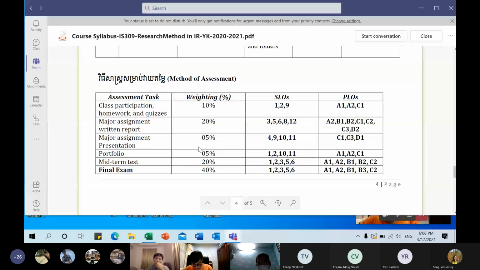You also need to write a 1-page reflection paper at the end of the semester and put it in the folder. Reflect on what you have done this semester. Give to me. So portfolio here accounts for 5%. Midterm 20% and the final exam 40%. Okay.